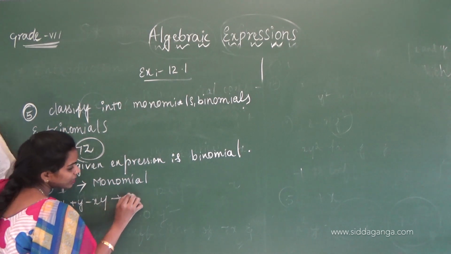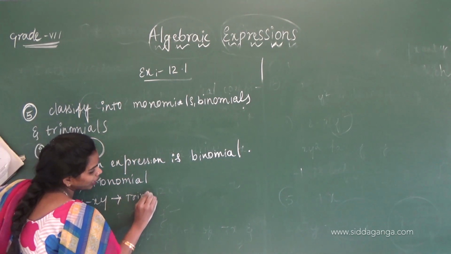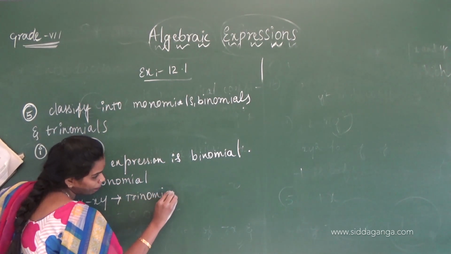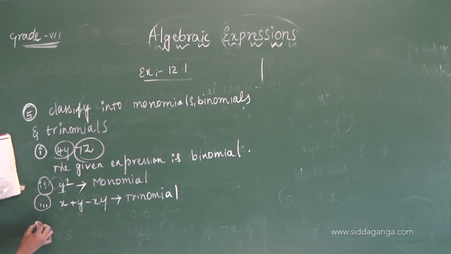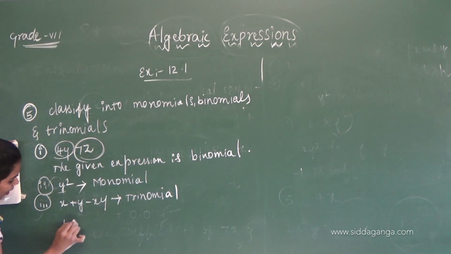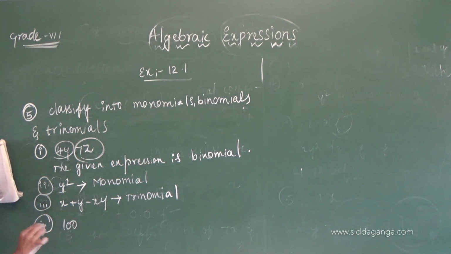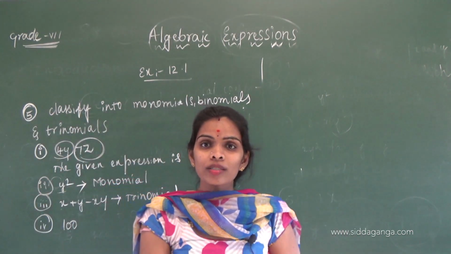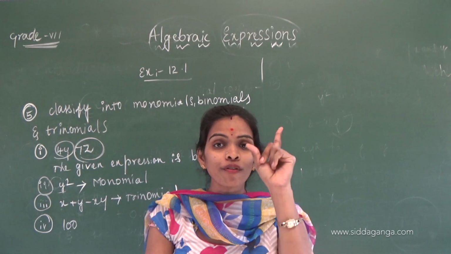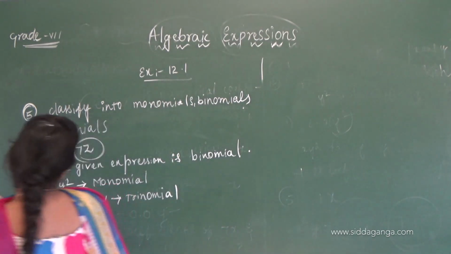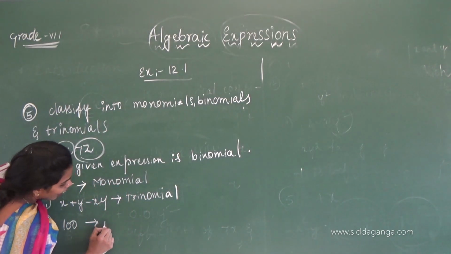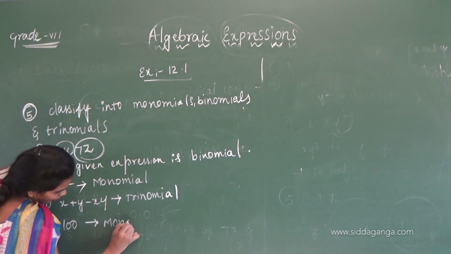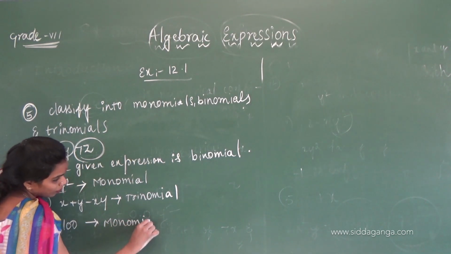This is 3 terms, and it is trinomial. 100. How many terms are there? This is only constant. Constant is an algebraic expression, correct. Constant is also an algebraic expression which is consisting of only one term, that's why we have to write it as monomial.